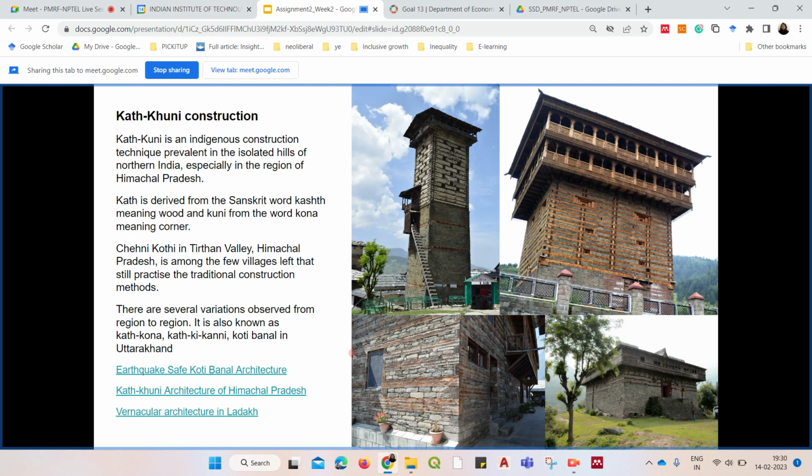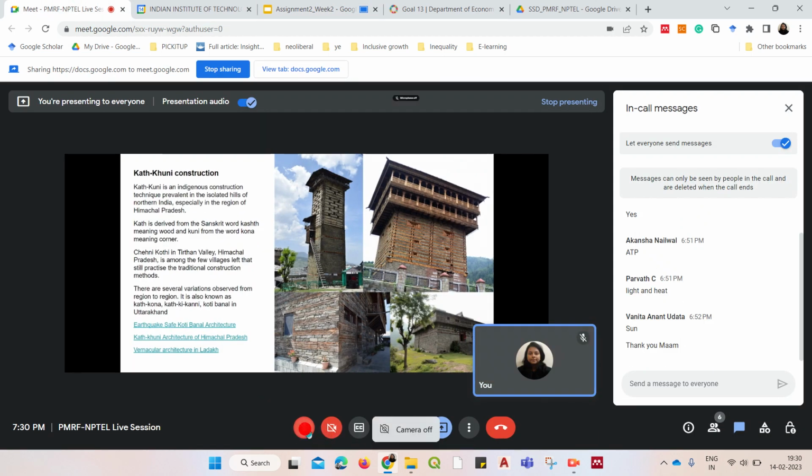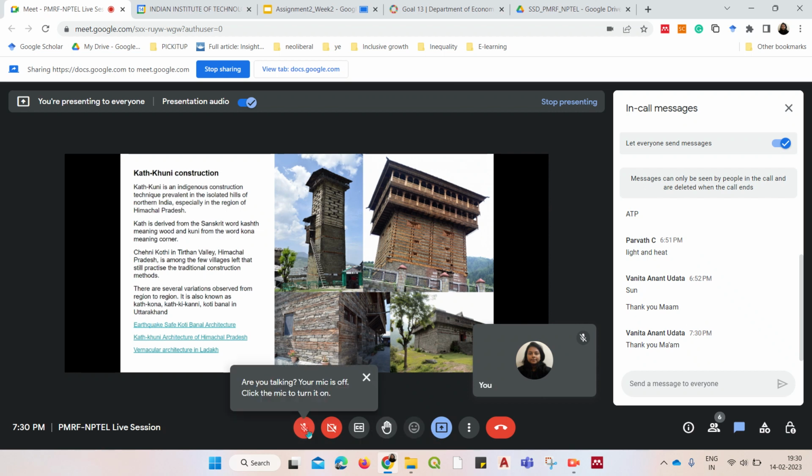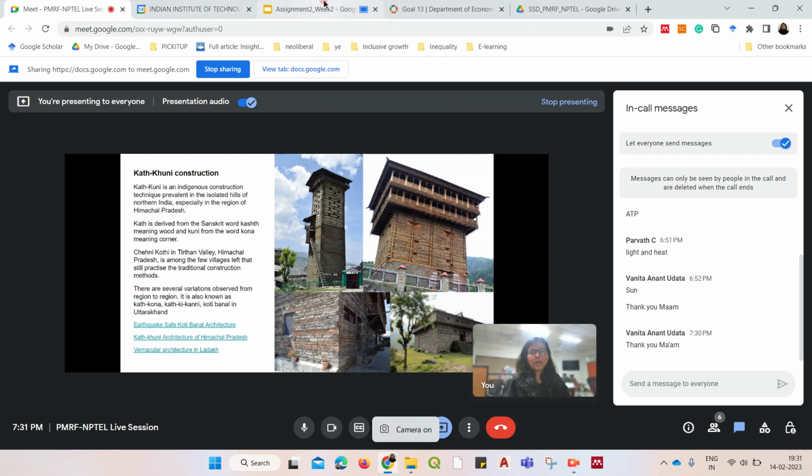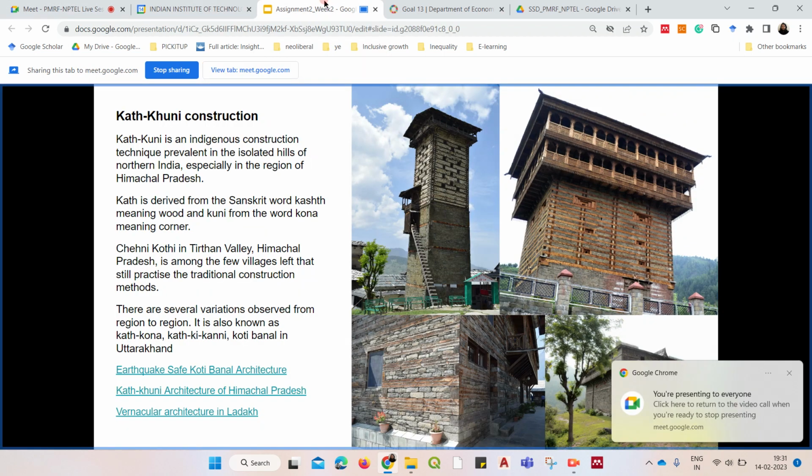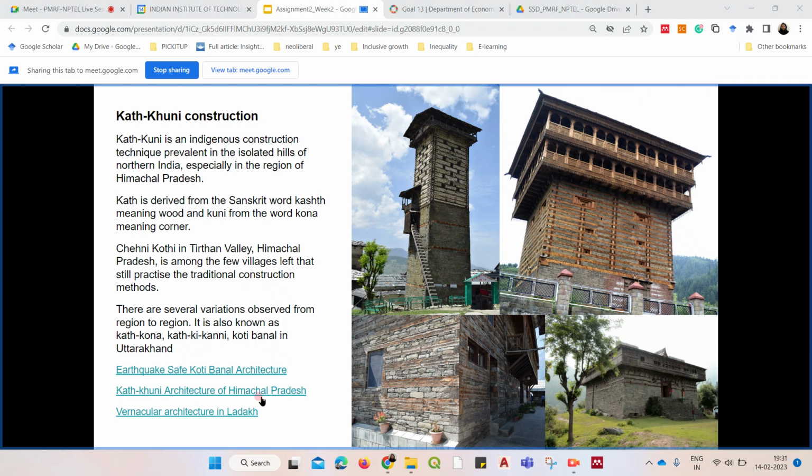I'll talk a little bit more about one question which was asked in the previous session. So someone asked about the vernacular architecture of Himalayas, if some sort of Himalayan vernacular architectural practices or some specific style of vernacular architecture exists for the Himalayas.